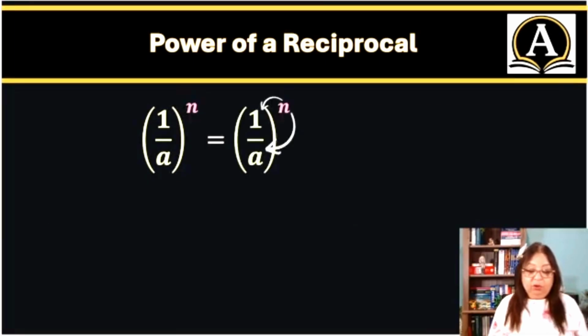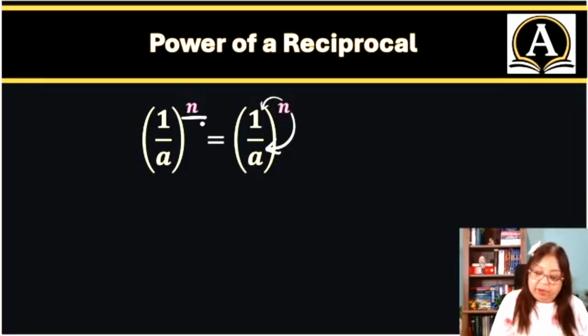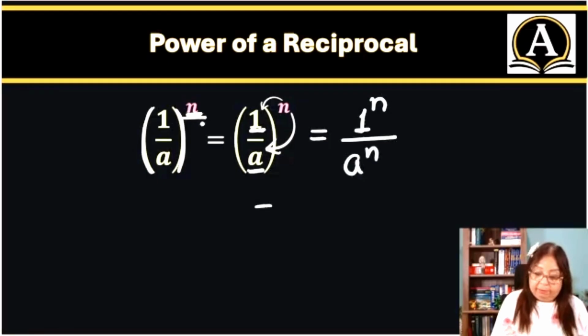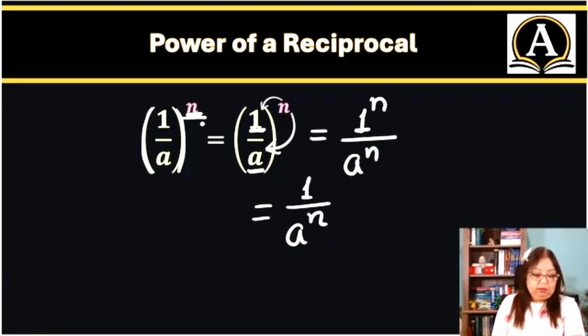Okay. So basically what I have shown you with an example is this. The power n of this fraction is going to become the power of the numerator and the power of the denominator. That is, this is going to become 1 to the power n divided by a to the power n. But 1 to the power n is equal to simply 1. So what we get is 1 divided by a to the power n.